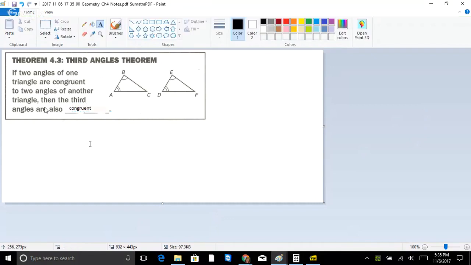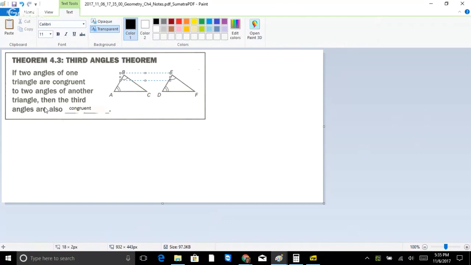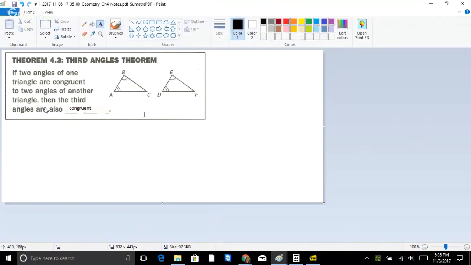So this makes sense, right? You have two triangles. We just talked about in 4.1 how every triangle adds up to 180 degrees. So if angle B is congruent to angle E, and angle A is congruent to angle D, then guess what?